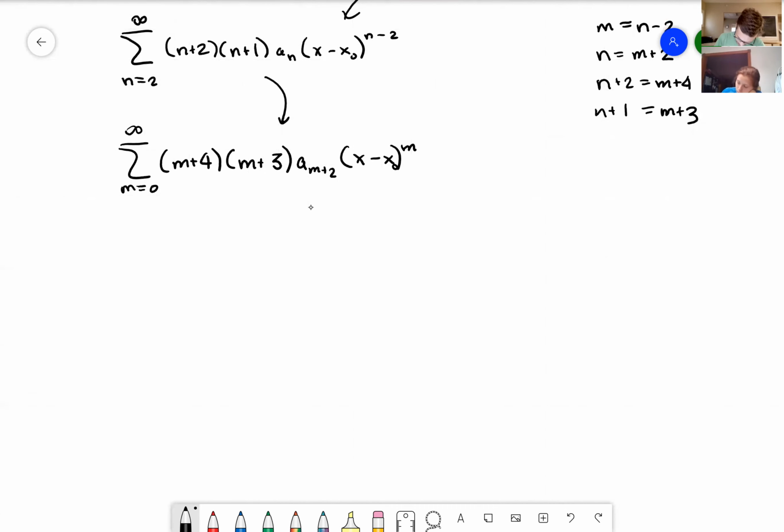Now we can do one more step and say, for the sake of things looking nice, we want to go back to using the index variable of n. We're using m right now. There's nothing special about m. We can just replace it with n. So we can do this.